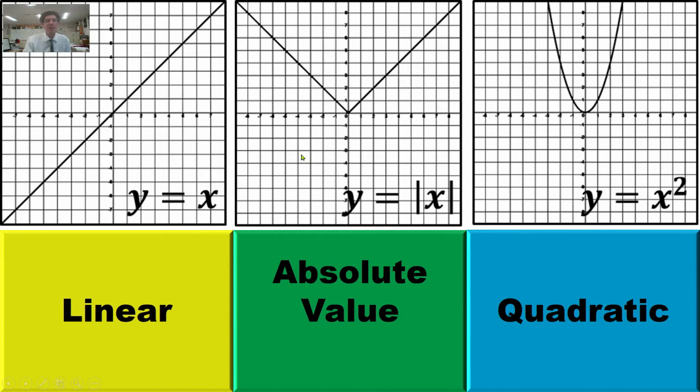But even more interesting is that if we look at the next point, when I go over 1 and up 1, I hit the line on the graph of the linear function family. If I go over 1 and up 1, I hit the line on the graph of the absolute value function family. And if I go over 1 and up 1, I hit the line on the graph of the quadratic function family.